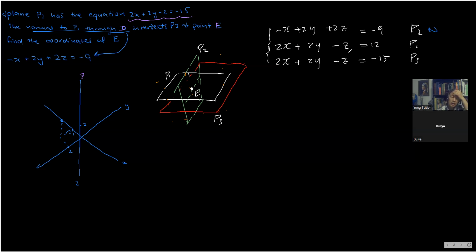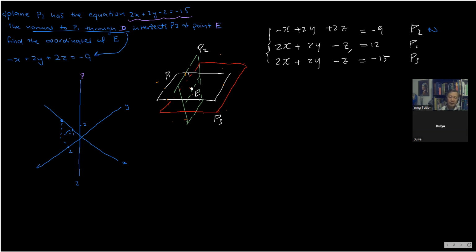There's not just one solution. Do you remember we discussed this type of question before? There are either no solution or an infinite number of solutions. Do you remember that, when we're dealing with linear simultaneous equations?